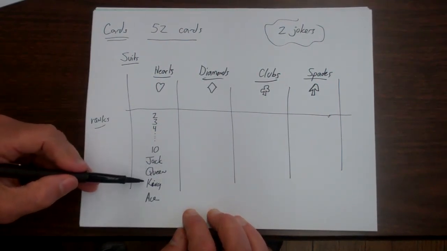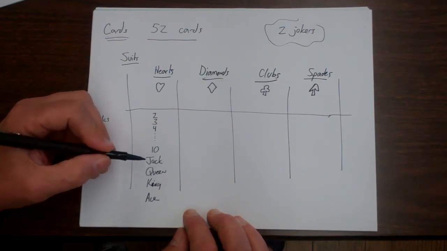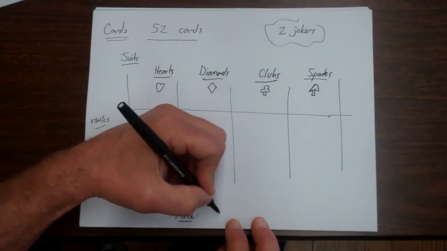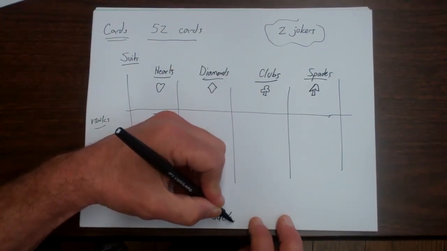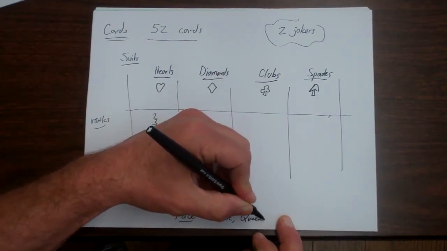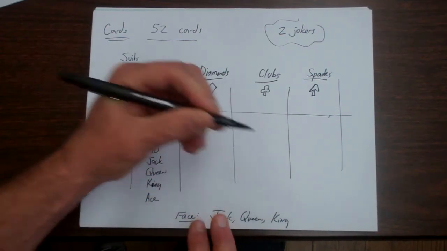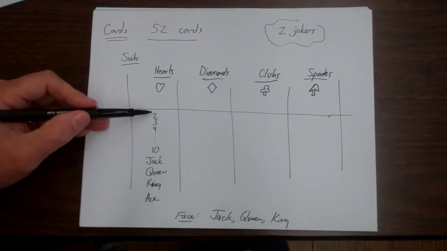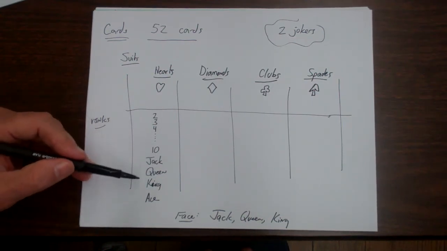And the jack, queen, king, and ace are called face cards. And they're called face cards because they have faces. The ace is sometimes considered the highest card and sometimes the lowest card, or sometimes both, usually the highest card.